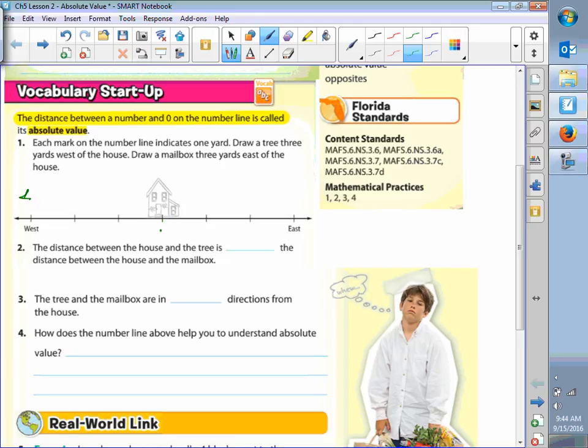So here's a tree, draw a tree. Christmas tree. Pine tree. And then it says draw a mailbox 3 yards east of the house. Okay, let's draw a mailbox.